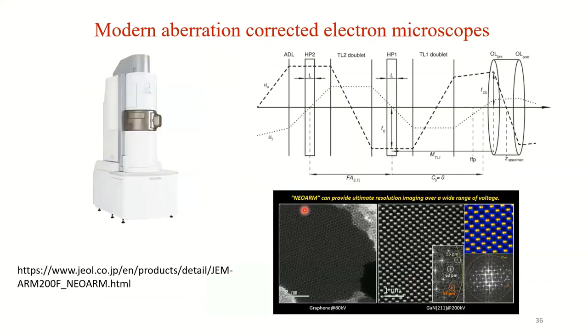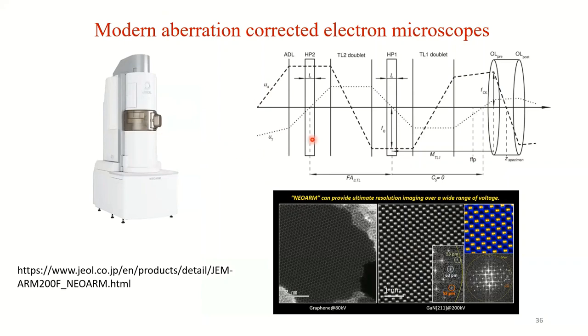And here you have the most recent aberration corrector. This is a Neo ARM 200 CF. This one is equipped with a cold field emission gun, and you have an ASCOR probe corrector.